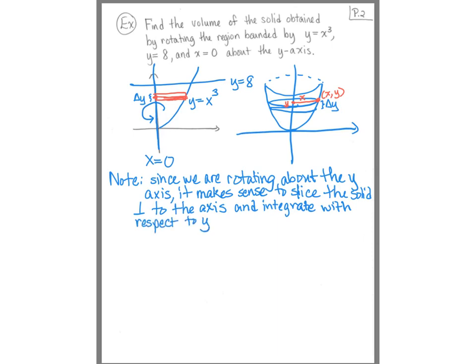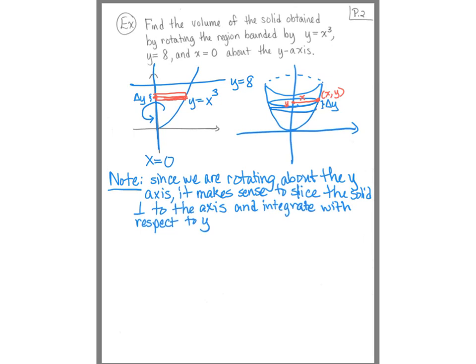So again, let's just recall what we did. We took this region bounded by x equals 0, y equals x cubed, and y equals 8. We revolved it around the y-axis. So we sliced this with a slice that's perpendicular to the axis, and we're going to integrate with respect to y.